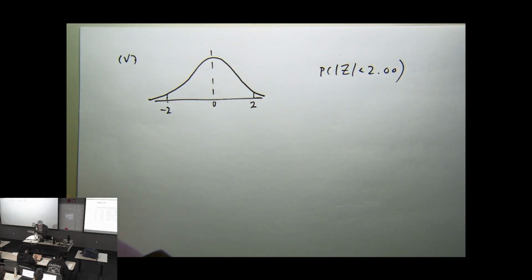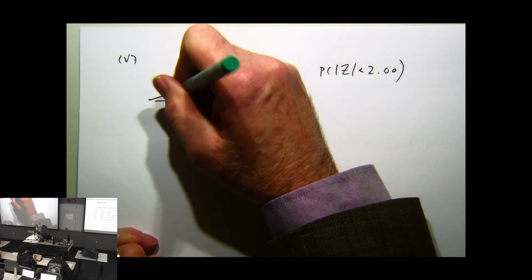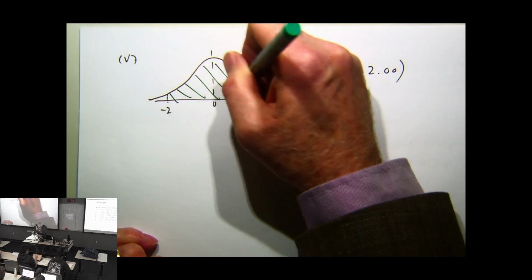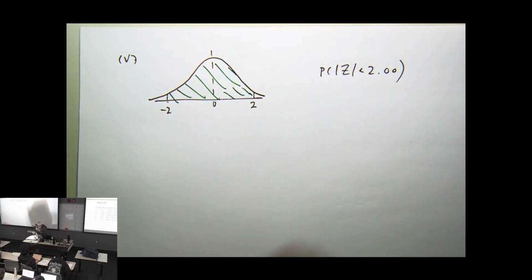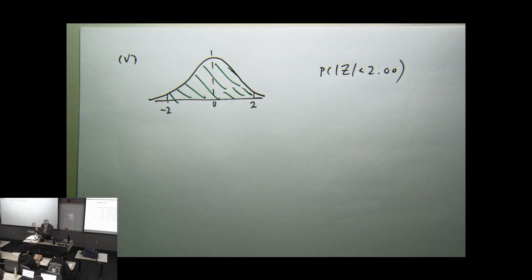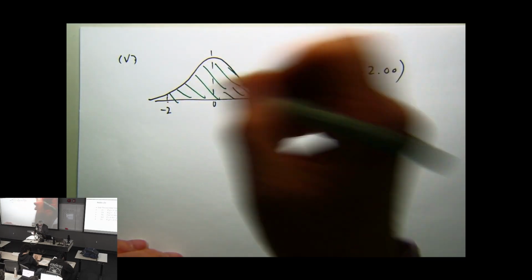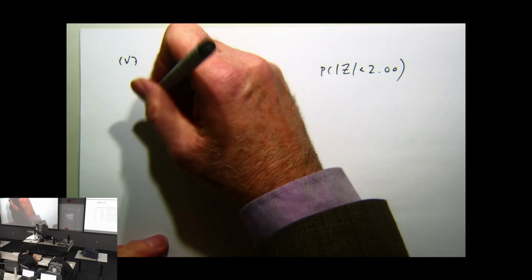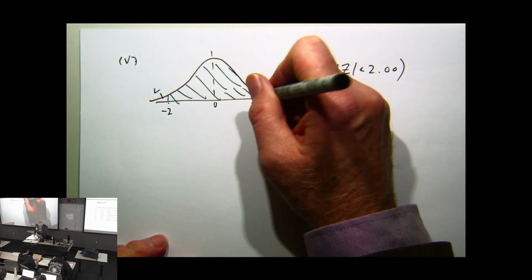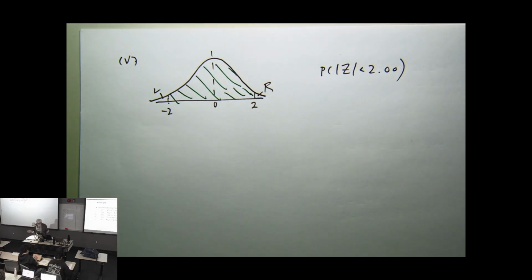What we want to get is this area in here. Again, shade in the area you want. The only area we don't want is this small thing: there's the left tail and the right tail, and they're going to be equal. We just have to get rid of those from the total area of 1.